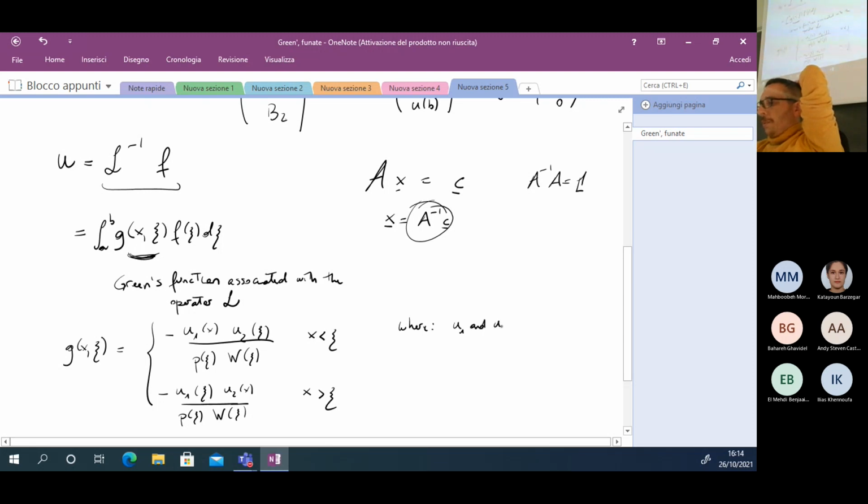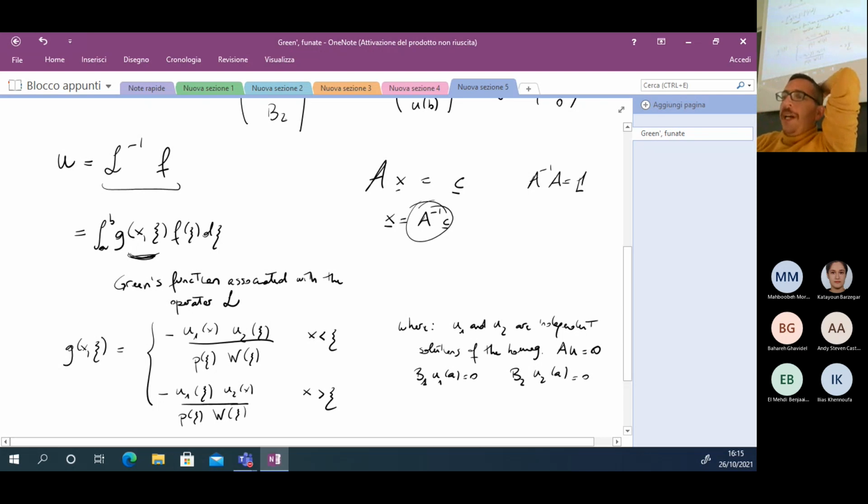u1 and u2 are independent solutions of the associated homogeneous equation, Au equal to 0, with the boundary conditions given by B1 u1(a) equal to 0 and B2 u2(b) equal to 0.